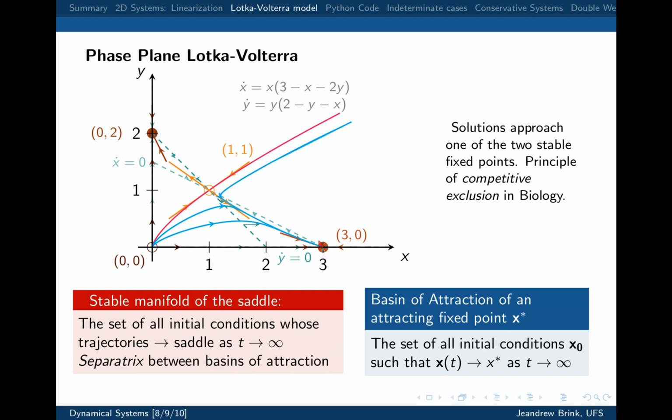If you're coming from a large X, large Y situation, and you're below the separatrix or the purple line, you're going to go to this lower fixed point in that way. So I've drawn examples of initial conditions that go to the 3-0 fixed point.